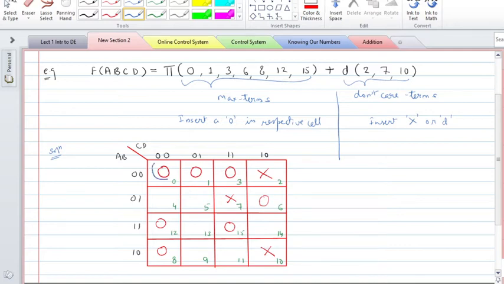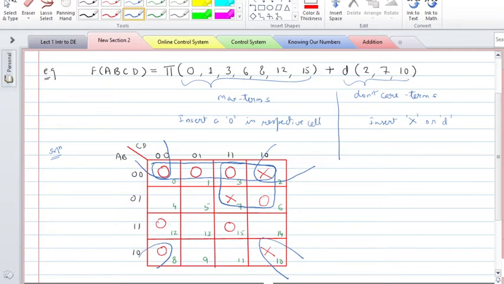Then the first largest possible group is this one. The second largest possible group is this one. The third largest possible group is with corners, so that this 0 is included.